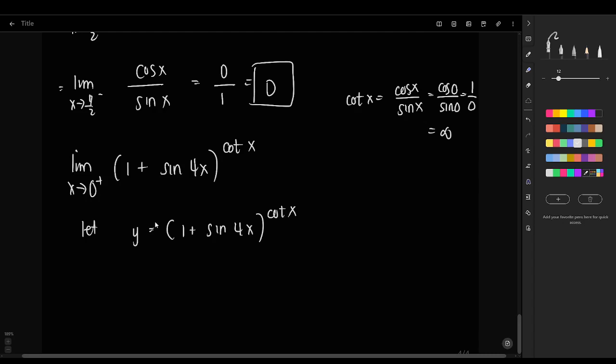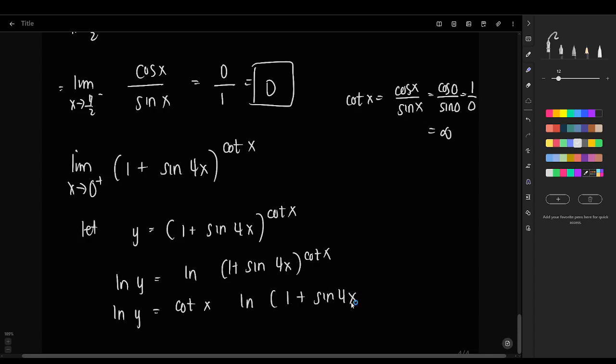Like what I've said in the previous videos, one way to simplify exponential functions is using logarithmic functions. So we take ln of both sides, ln y and ln of (1 plus sine 4x) to the power of cotangent x. By the law of exponents, this is equivalent to cotangent x times ln of (1 plus sine 4x).